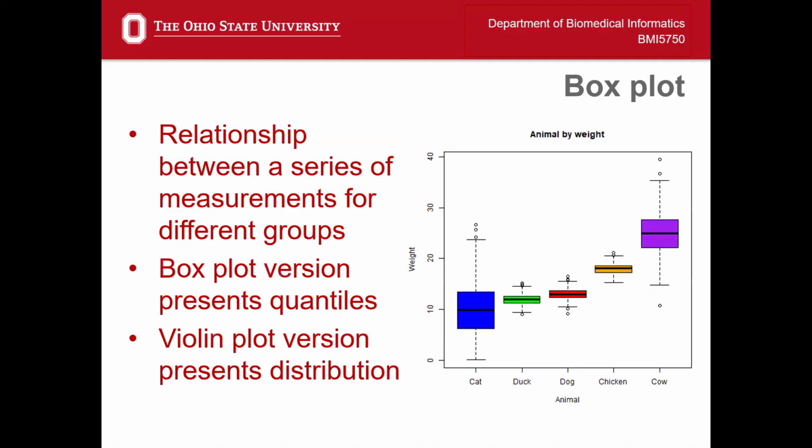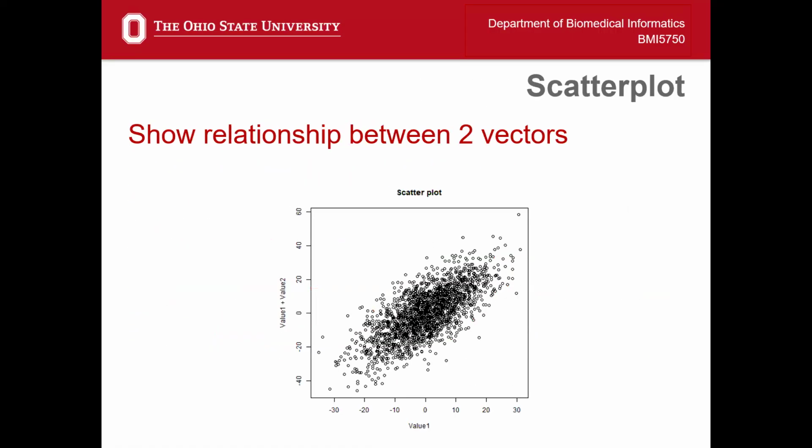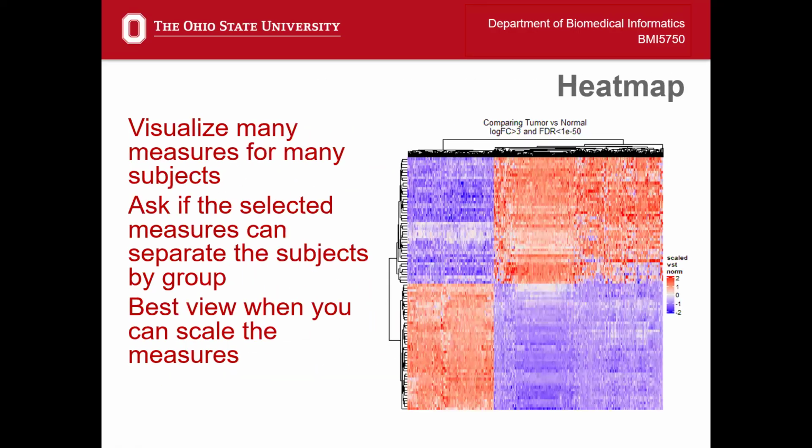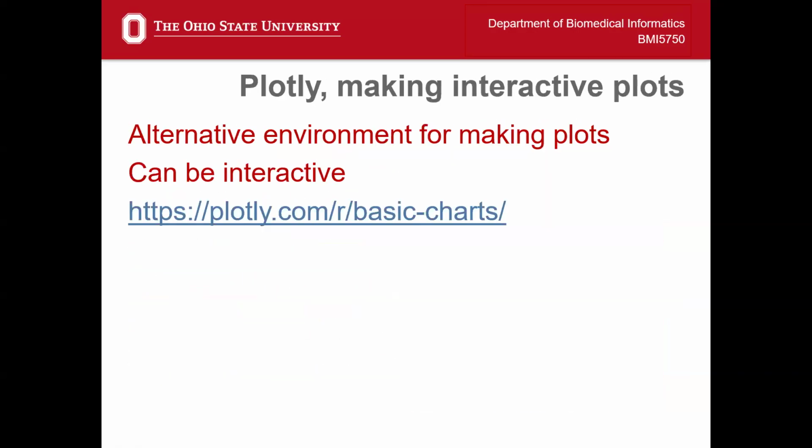So if you had a scatter plot and you wanted to hover and find out more information about this plot, you can do that with Plotly. It's sort of like ggplot2, but it's a different terminology. You have different commands, you have different options, but it allows you to make interactive plots that are really useful for your user.